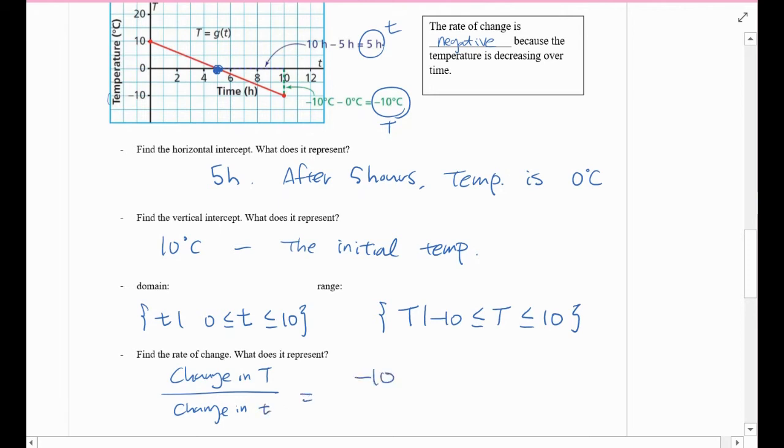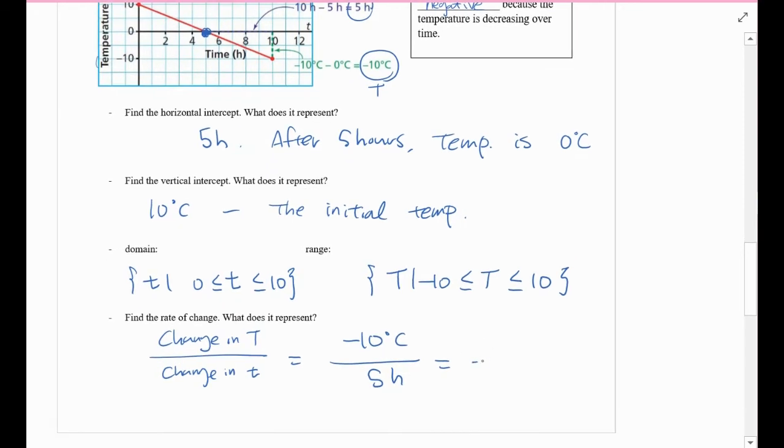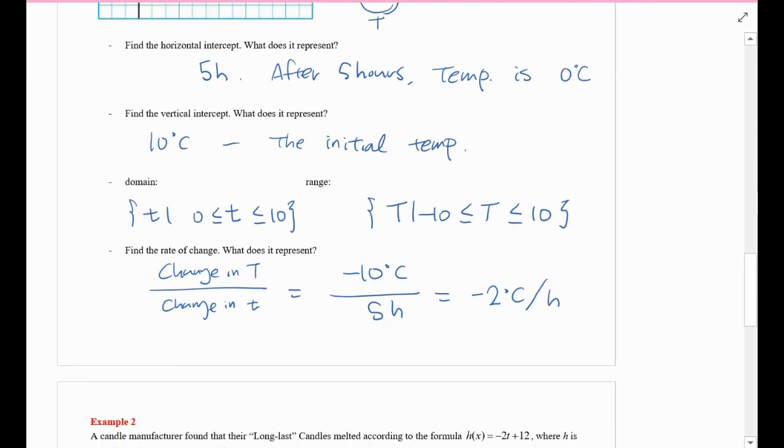That will be -10 degrees over 5 hours. And if you calculate it, that is -2 degrees per hour. So we say the temperature goes down by 2 degrees per hour.